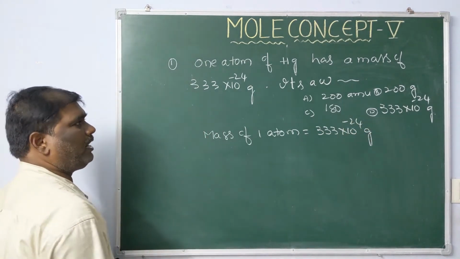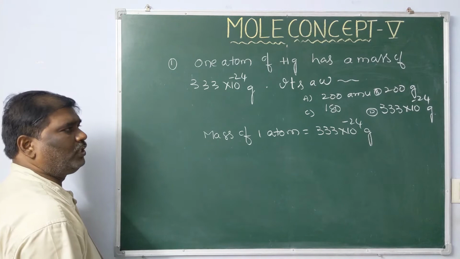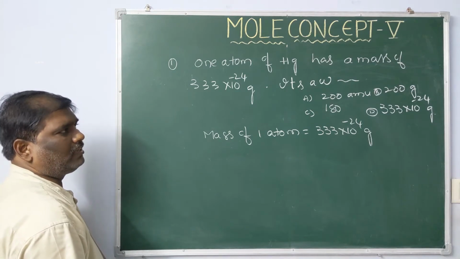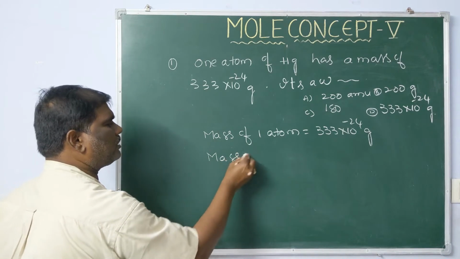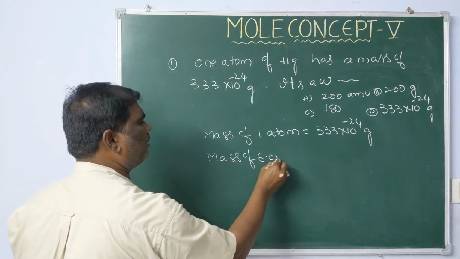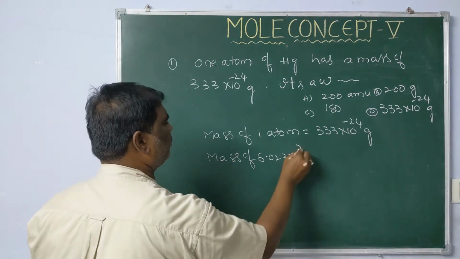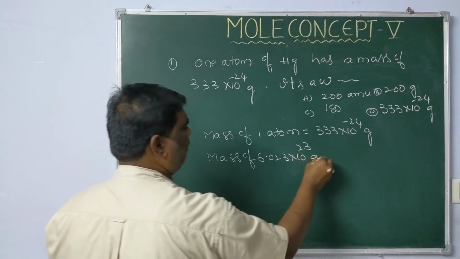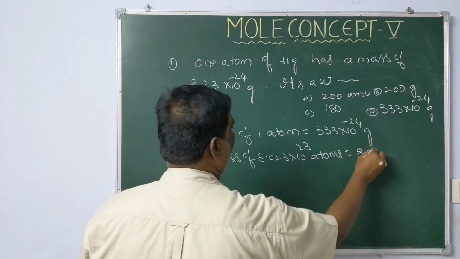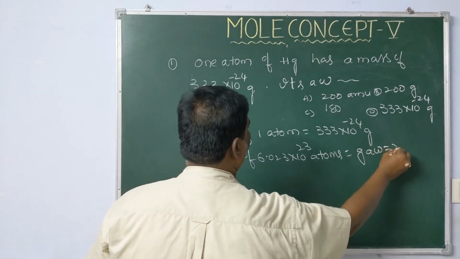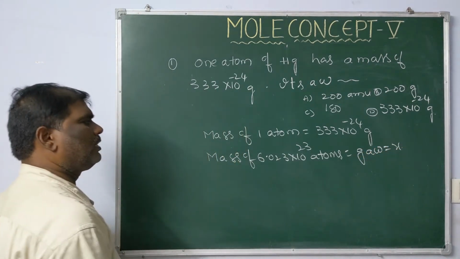We have to estimate atomic weight. You know, atomic weight is the mass of Avogadro number of atoms. The mass of Avogadro number of atoms is taken as gram atomic weight. Let us say some x.